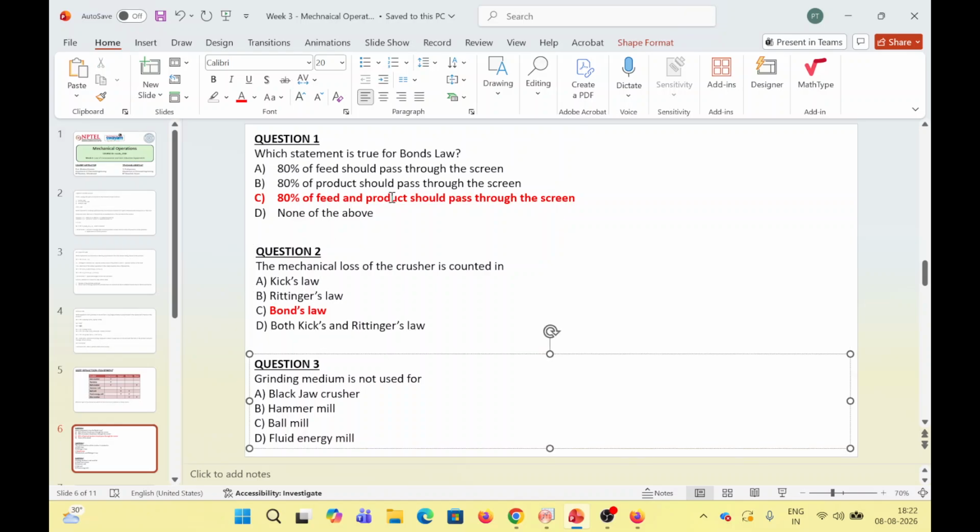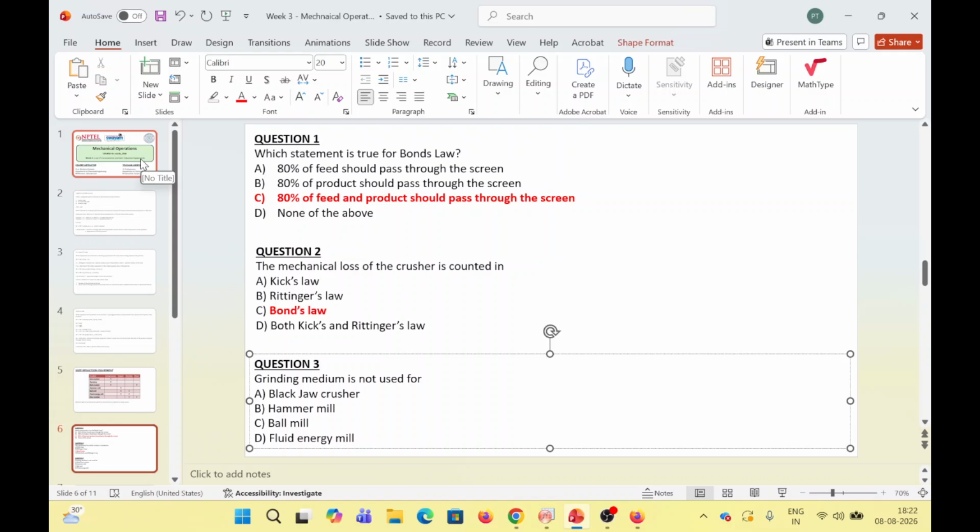Now, next question. Grinding medium is not used for which of the following mills? Blake jaw crusher, hammer mill, ball mill, and fluid energy mill. Again, this thing we discussed in terms of the ball mill.